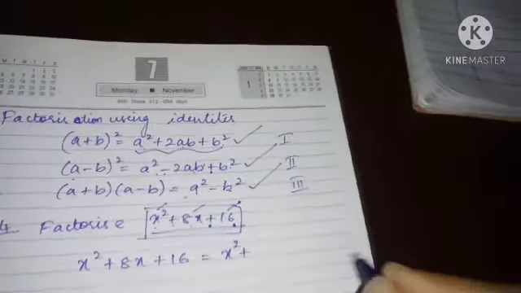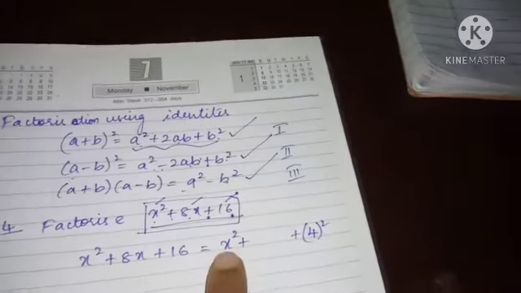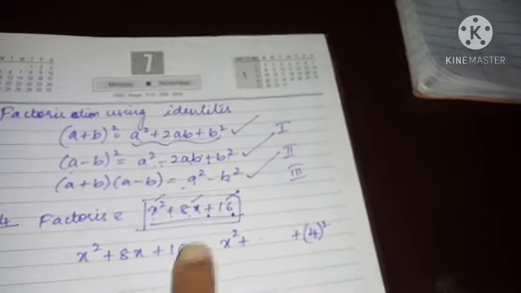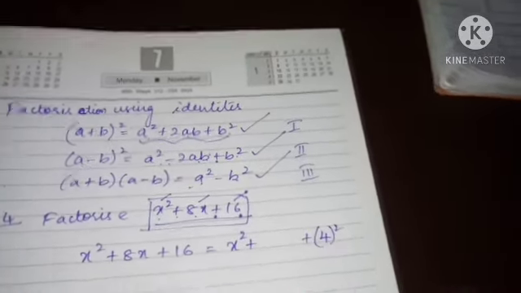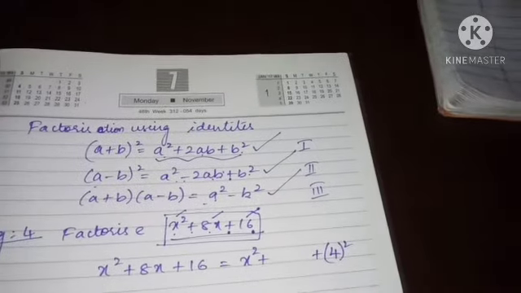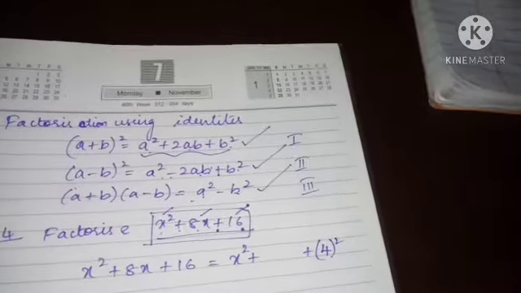x square plus 16, how will we split it? 4 square. It should be like a square plus b square, children. x square, and the last one should be a square. 16 can be written as 4 square. You should separate it like that. We should factorize according to the identities, so we should make it like the identity.